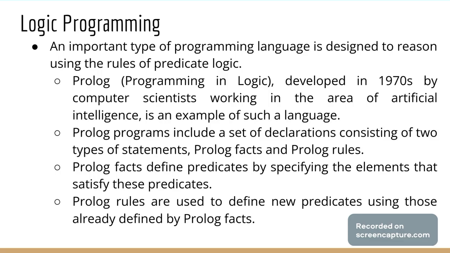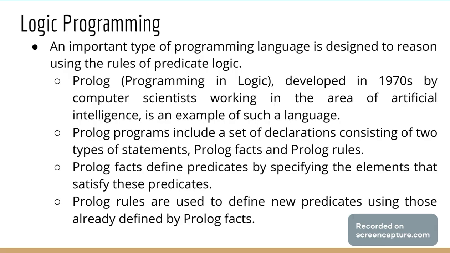Now let's look at what is logic programming. Artificial intelligence began with coding in Prolog, programming in logic. It began in the 1970s. Now we don't see a lot of it. There are other coding methodologies being used, but a Prolog program included a set of declarations which consists of either Prolog facts or Prolog rules, and then predicates were specified.